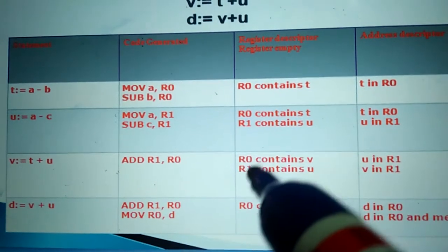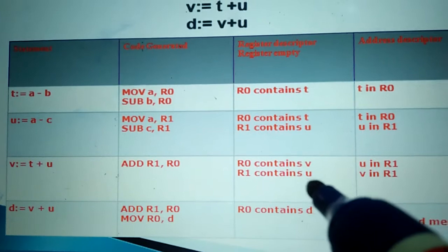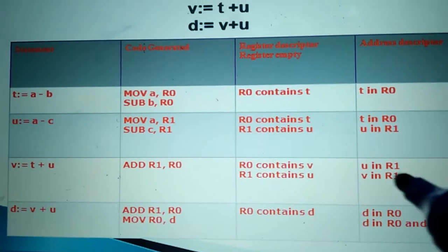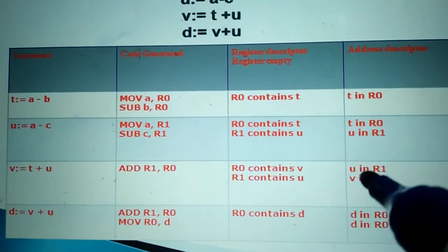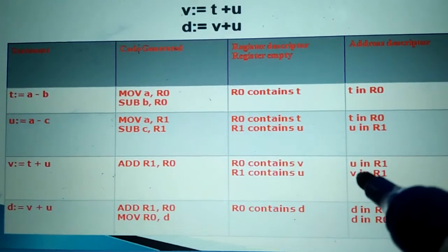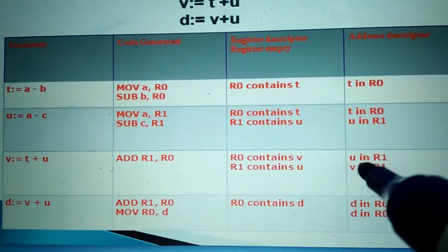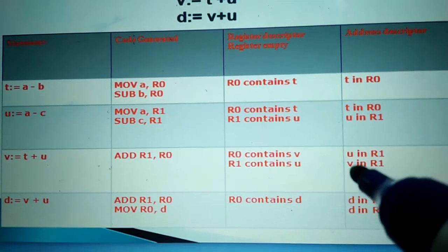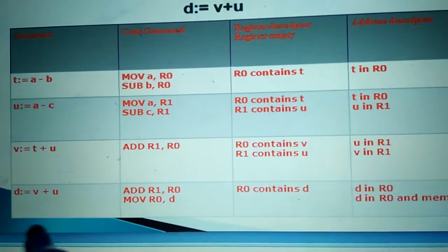So R0 contains V and R1 contains the value U. So U is in R1 and V is in R0.